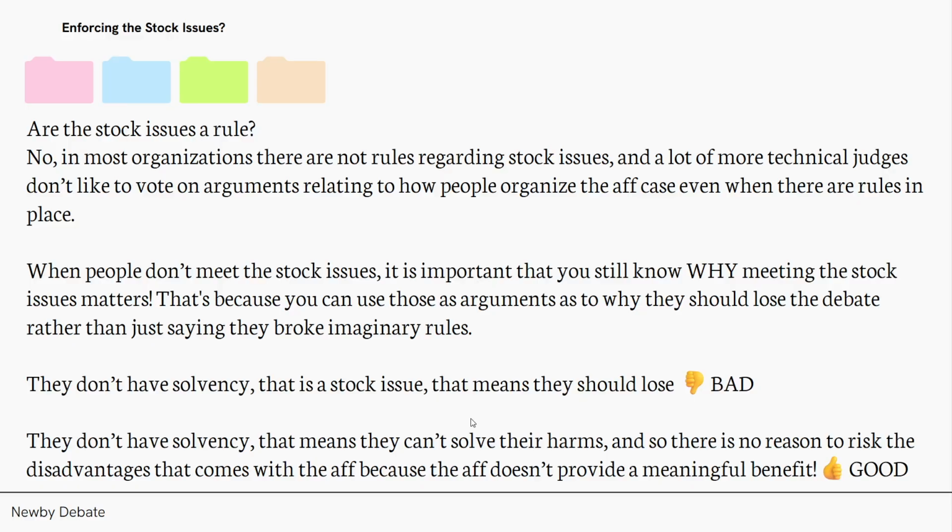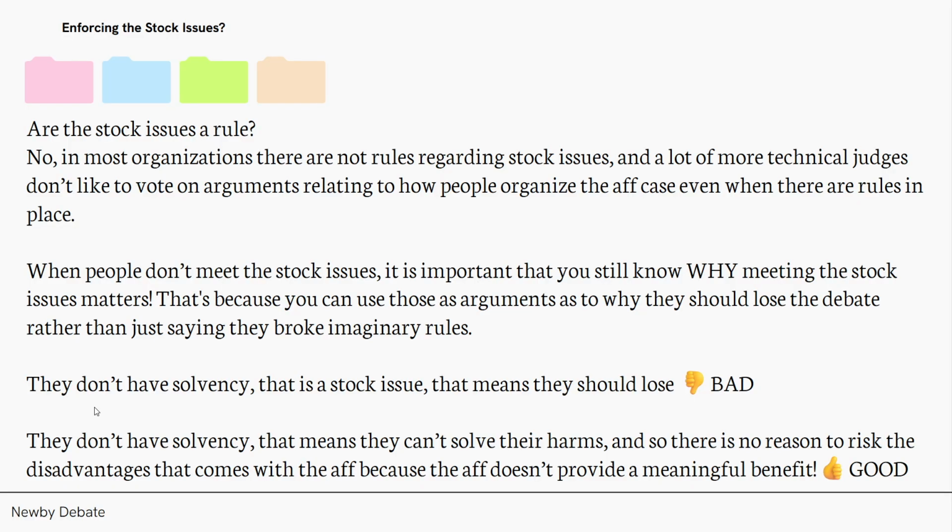The example I was thinking about audibling to is about inherency. So for the same method, they don't have inherency. That's a stock issue. That means they should lose. It's a bad argument. Alternatively, they don't have inherency. That means that the plan has already happened. And so any arguments I make about the plan, you can just say those arguments are inevitable because the plan has already happened. And so I lose all of that ground.